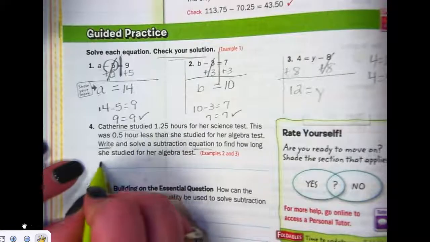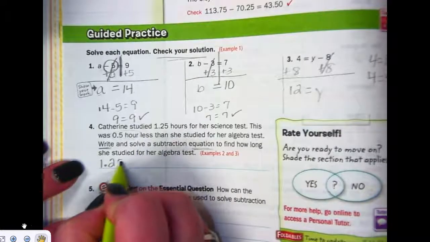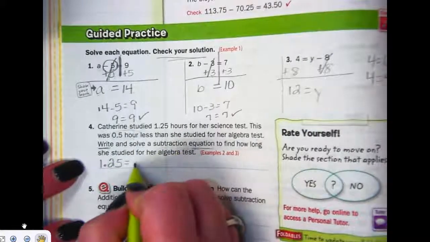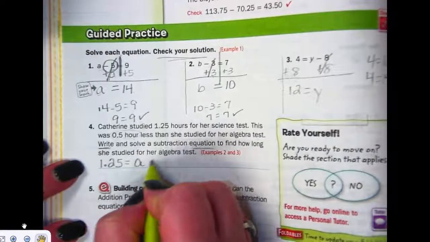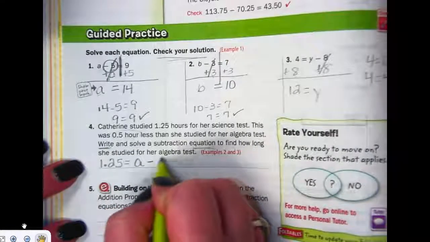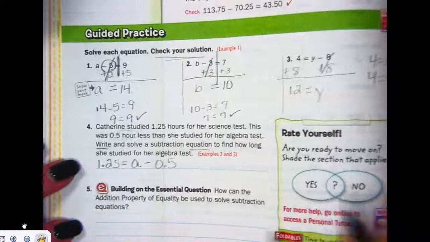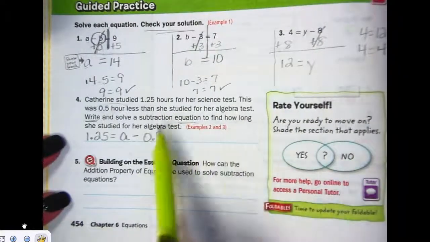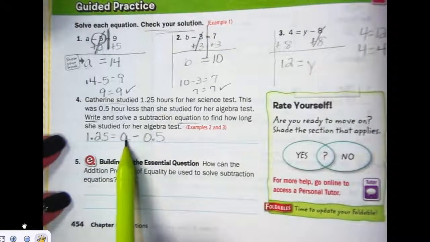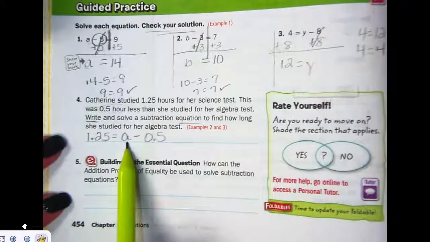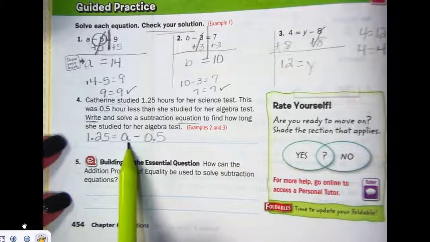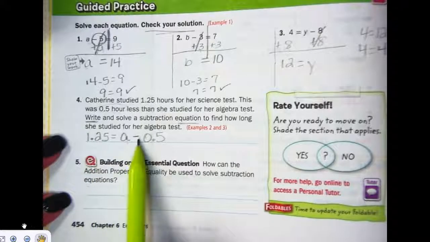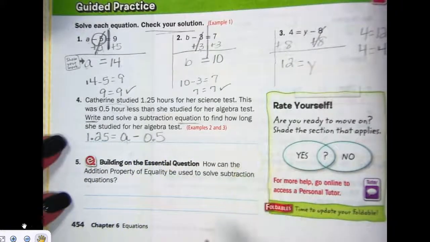So, 1.25 equals the algebra test minus. All right. So we need to figure out how long she studied for her algebra test. That's the unknown. This is the science test. She studied a half an hour less.